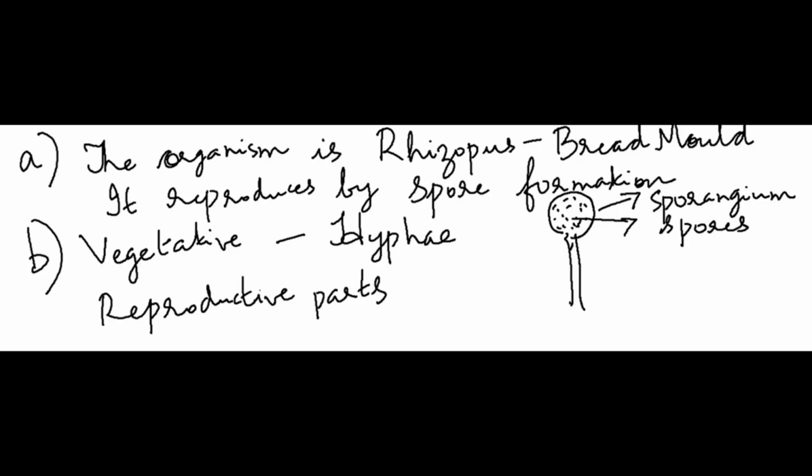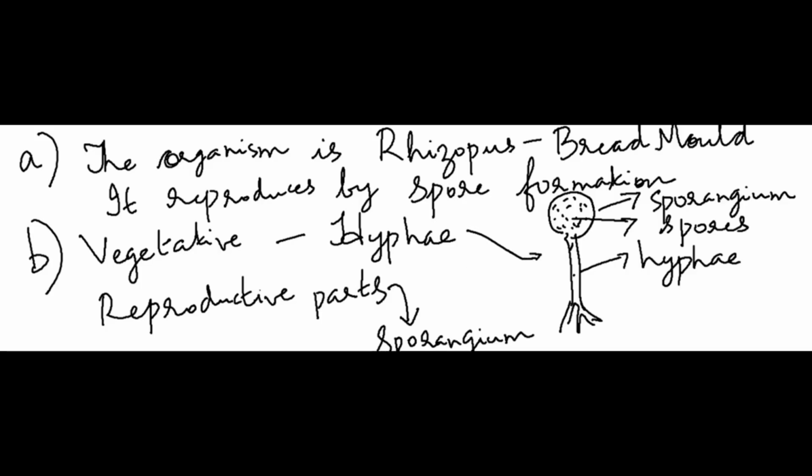The sporangium can be extended downwards and they can be called hyphae. Now, if there is a group of hyphae, then we can call it mycelium. So the reproductive parts are already labeled, they are called sporangium, and hyphae form the vegetative part.